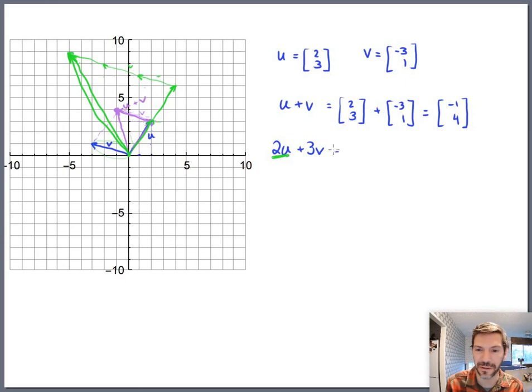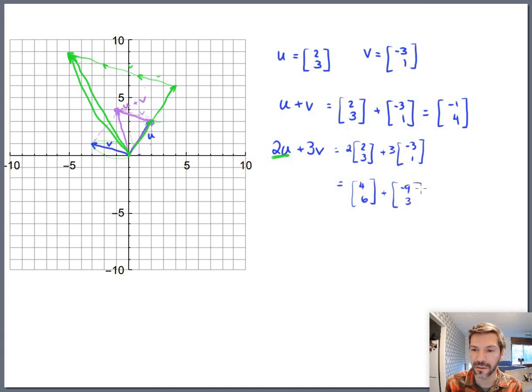We could also figure this out numerically. So 2 u's and 3 v's. Let's work that out. 2 times a vector, a scalar multiplies both components. So 2 times 2, 3 would become 4, 6. And 3 times negative 3, 1 would be negative 9, 3.